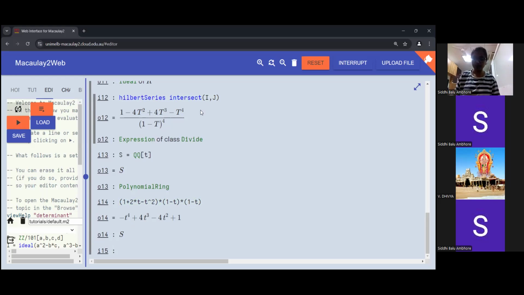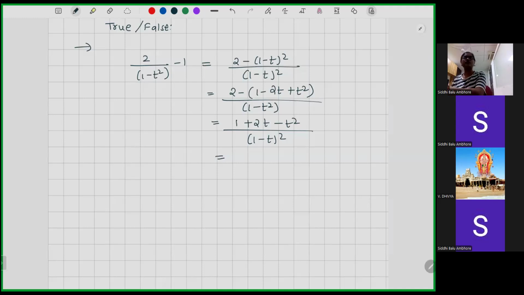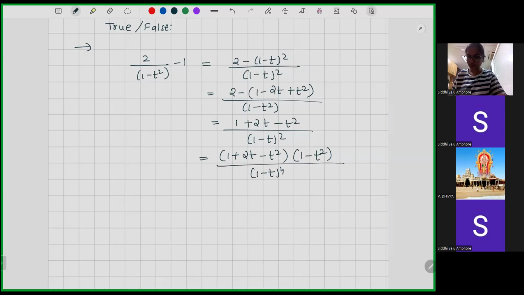So I think we'll go back to our question again. Just to have this, when we multiply and divide it by, we just had to do this. I'm just writing 1 plus 2t minus t square into 1 minus t square divided by 1 minus t power 4.